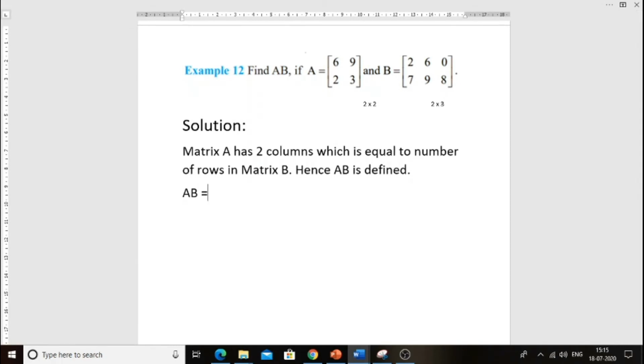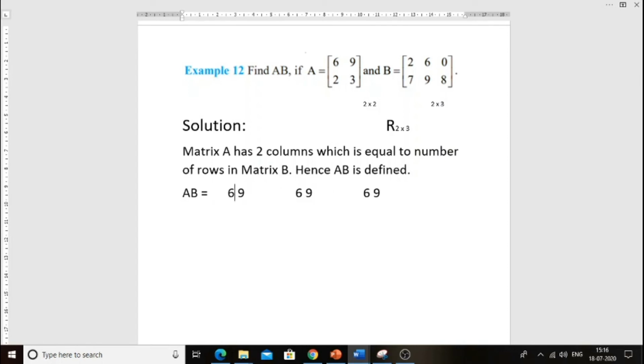So for AB, can anyone tell me what the resultant matrix order will be? 2 rows and 3 columns. I'm not putting square brackets. Okay, what did I say? First row, first column, right? So 6, 9, we'll put this first. In each of the 3 columns, we'll put 6, 9.